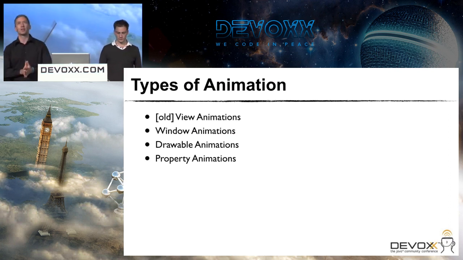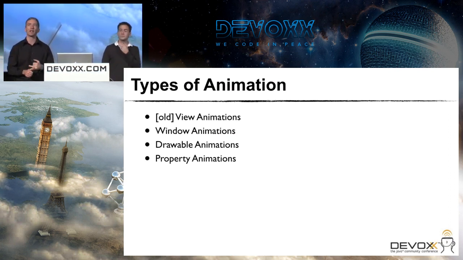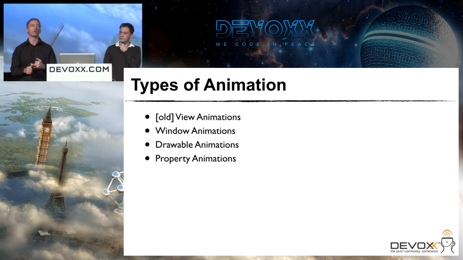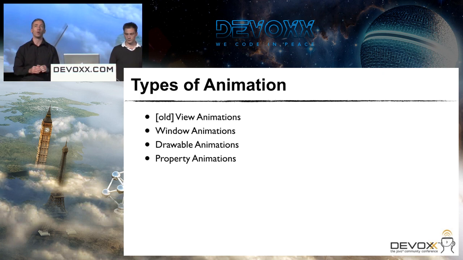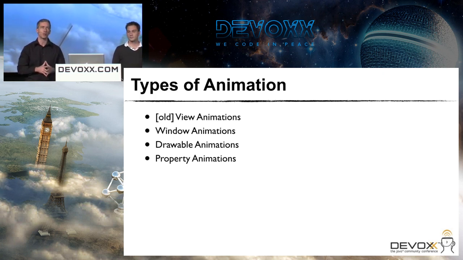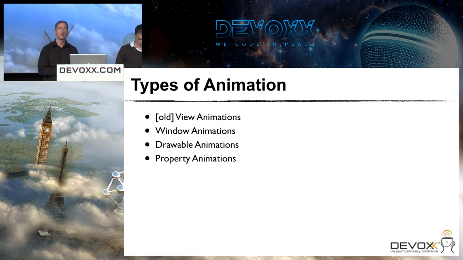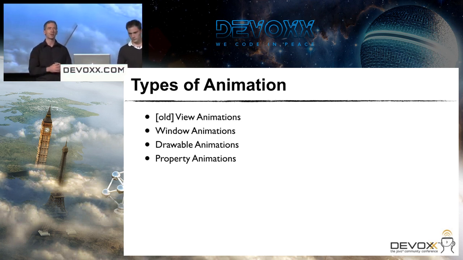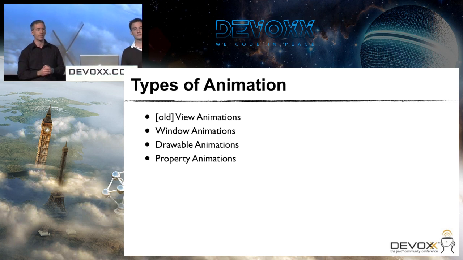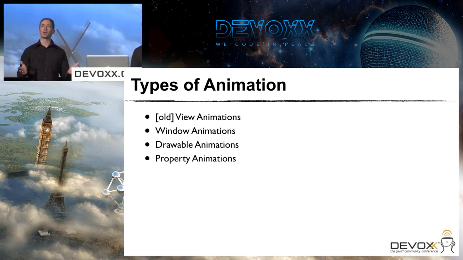So, various types of animations, ways of accomplishing getting things to move on the screen. If you are currently writing for releases prior to Honeycomb 3.0, then you're probably familiar with what I call the ViewAnimations system. It's in the package android.view.animation, and there's basically a handful of things that allow you to move views around on the screen. WindowAnimations builds on those.